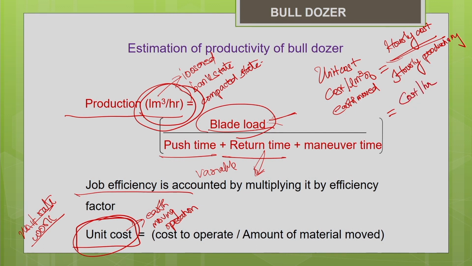So, you know the cost per hour, say in rupees, divided by the productivity of the machine in loose meter cube per hour. If you know both these data, you can find the cost per loose meter cube of the earth. This is the unit cost of production.